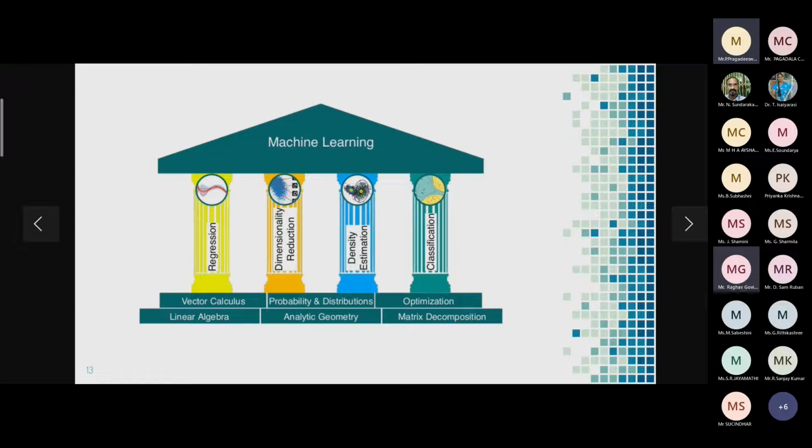Density estimation involves selecting a common distribution and estimating the parameters for the density function for a data sample. Classification is a supervised learning concept which basically categorizes a set of data into classes.